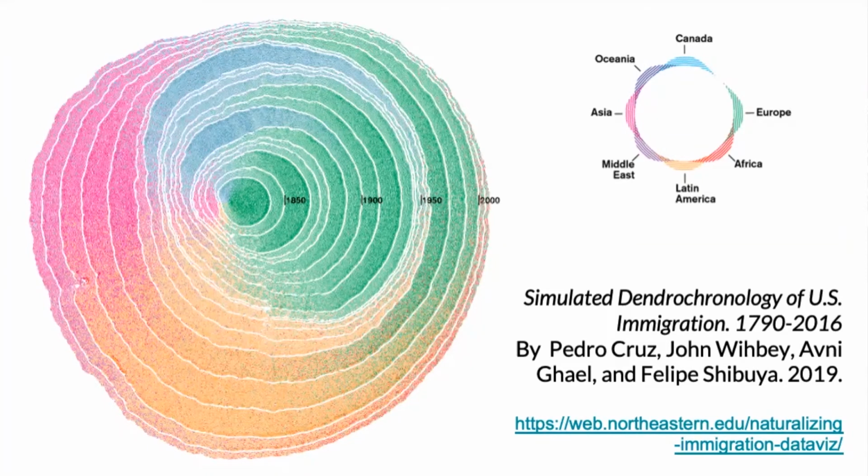You can also see that the different colors being used for immigration from different geographies do merge around the tree rings.